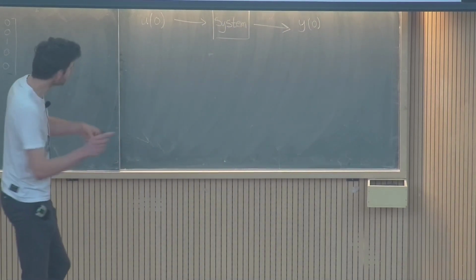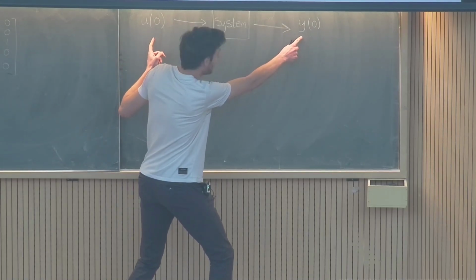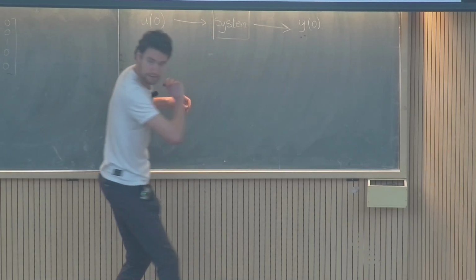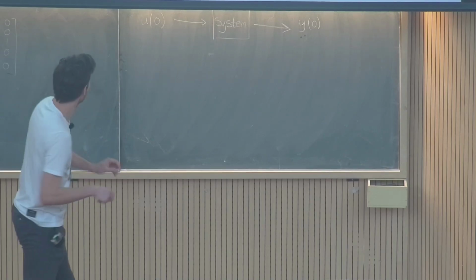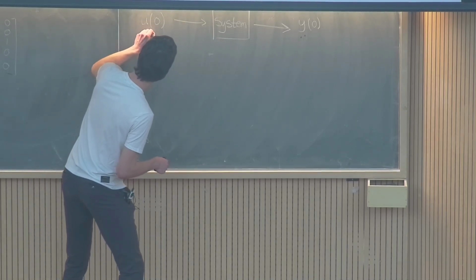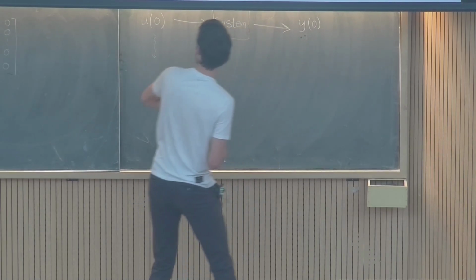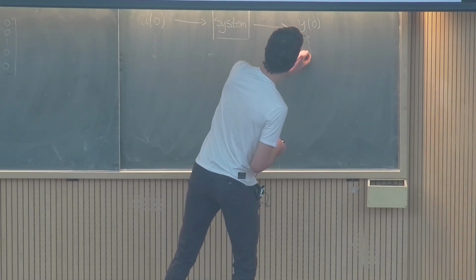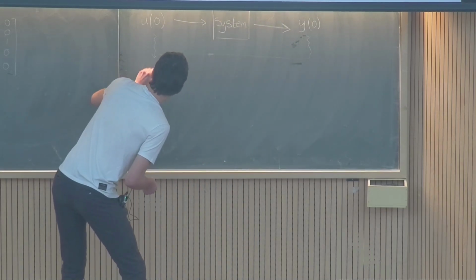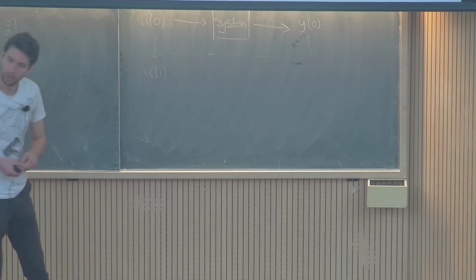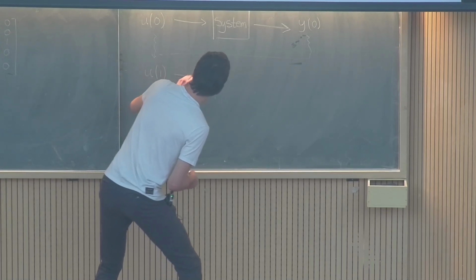And now the idea is that I can already use this partial data, so U0 and Y0, to design the next input to my system. So I'm going to use this U0 and the Y0 to generate a new input to my system, U1. And I'm going to apply U1 to my system.